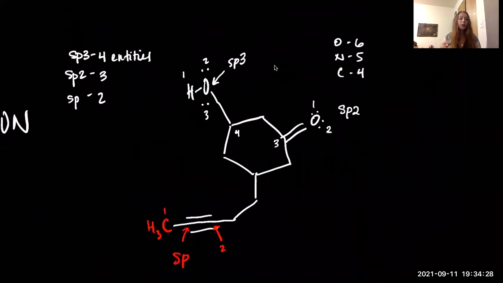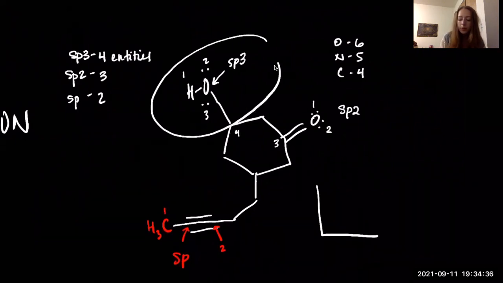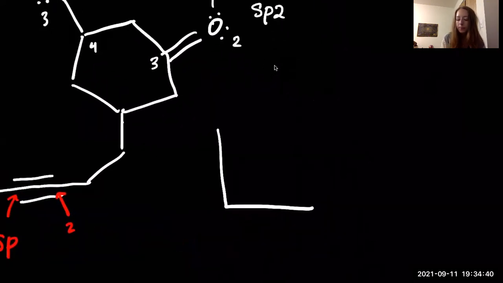All right, so if we ask ourselves, what would this look like on a hybridized diagram? So for our first example right over here, which is going to be sp3, they all have either sigma bonds or lone pairs. They have no pi bonds. Pi bonds are in double bonds or triple bonds, but sp3 is usually just none of those.